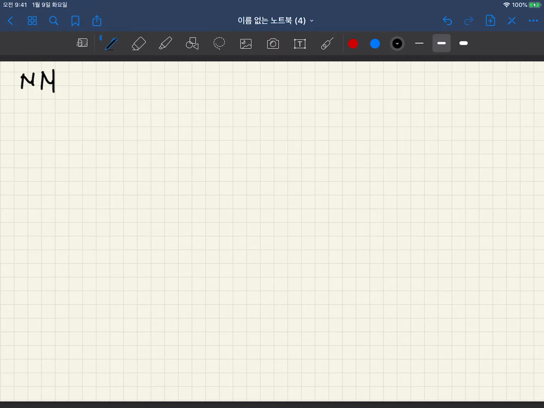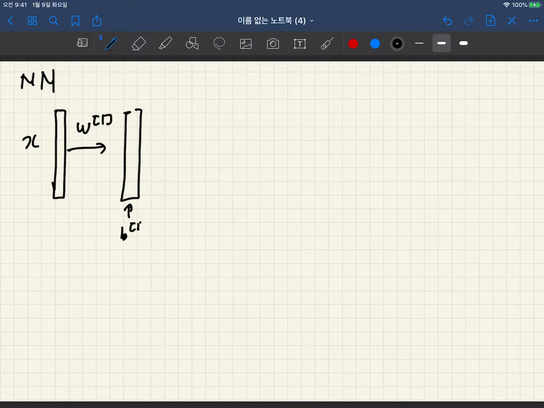So here there is input x. Usually the input x has high dimensional structure, a vector or some image or whatever. And essentially the input value will be multiplied by a weight matrix and then added by some bias vector.